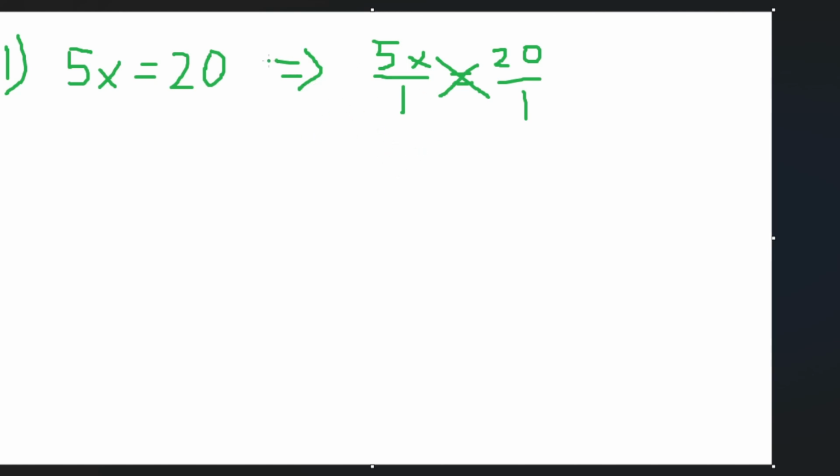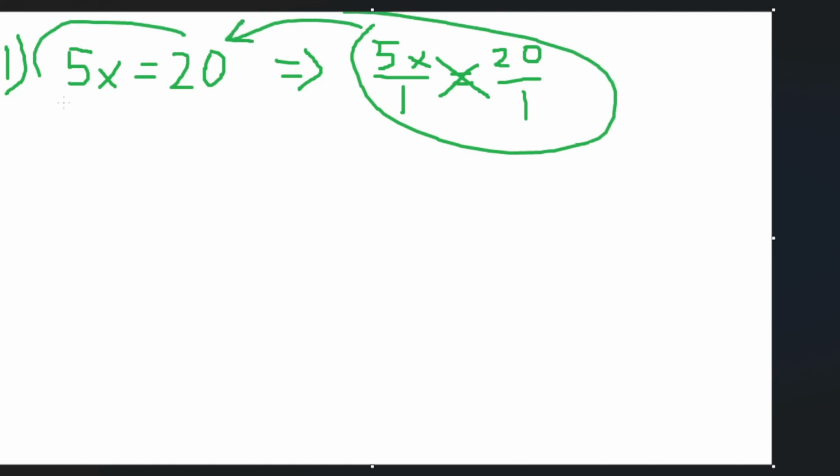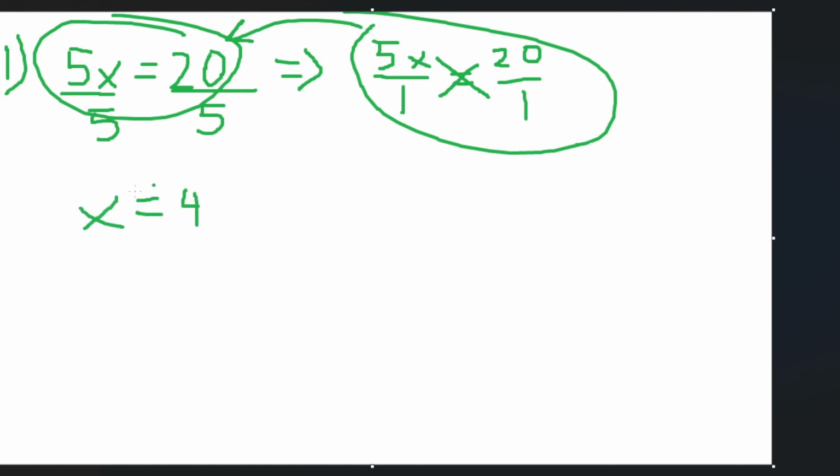This statement and this statement are just equivalent to each other. So if we just divide by 5 to both sides, we'll get x equal to 4. So that's probably your most basic cross multiplication problem.